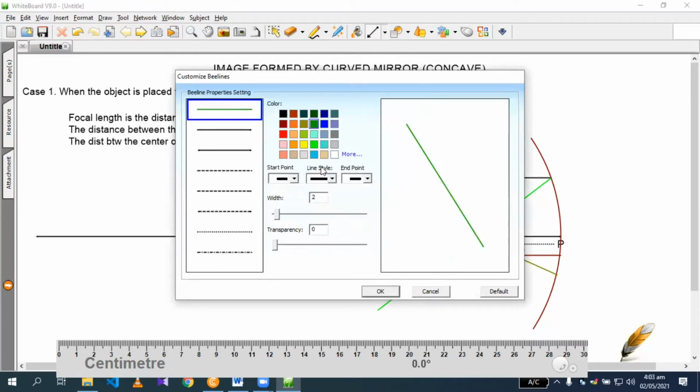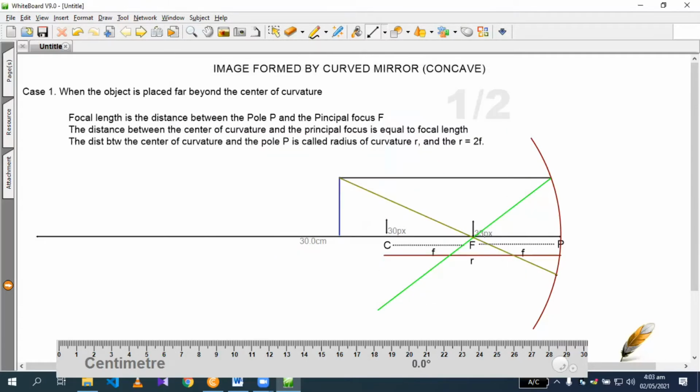It will travel like this, like this. Now it hits the mirror and it will travel backward like this. Anywhere these two meet, your image will be formed.